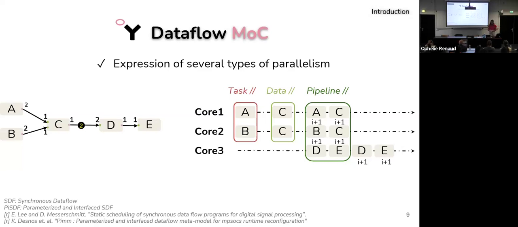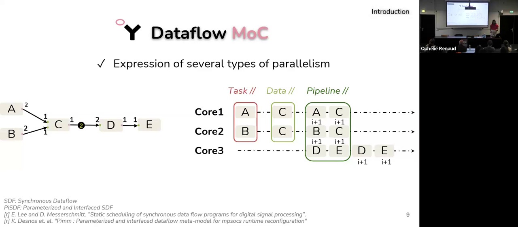For example, here, two instances of actor C can be executed simultaneously. And finally, pipeline parallelism consists in breaking graph dependencies, dividing a graph into several executable stages. For example, here the first stage is composed of actors A, B, and C, and a second stage is composed of actors D and E.